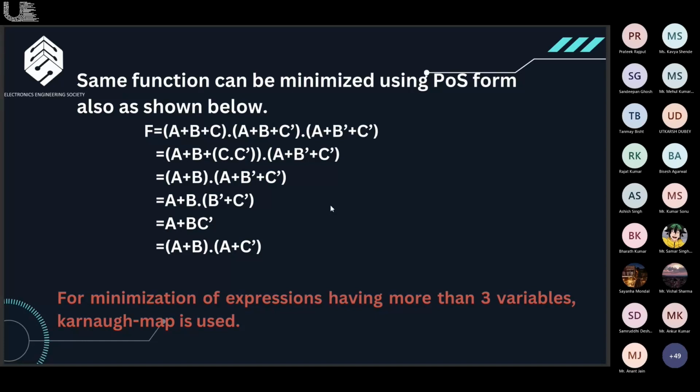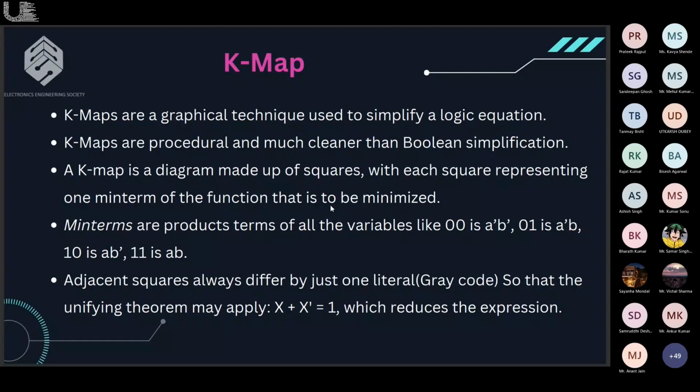But if the number of variables increases beyond that, for example 5 variable or 10 variable systems, or the length of the Boolean expression is too long, it would not be very convenient to simplify the given Boolean expression using standard Boolean algebra laws. So for that, we use K-maps, which is a much easier tabular method of simplifying Boolean expressions. From here, Sandeepan would take over.